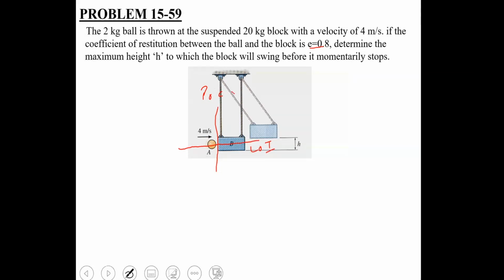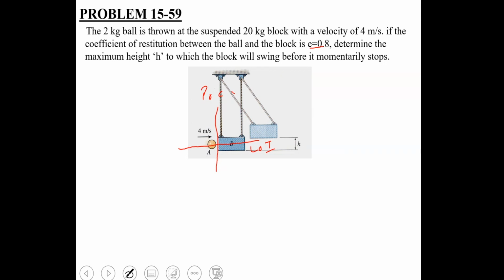Although as far as this central impact is concerned, you don't require that plane of contact. You will need it once we are discussing the oblique impact problem. So since, after joining the mass centers of these two colliding particles, the velocity of particle A before collision is along the line of impact, while particle B was at rest, this is a case of central impact.